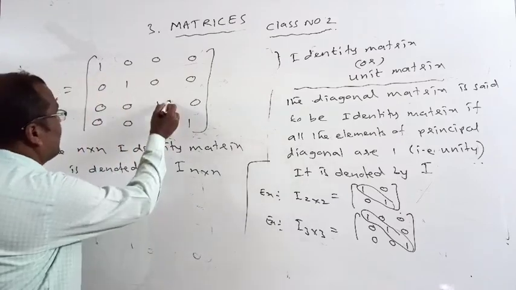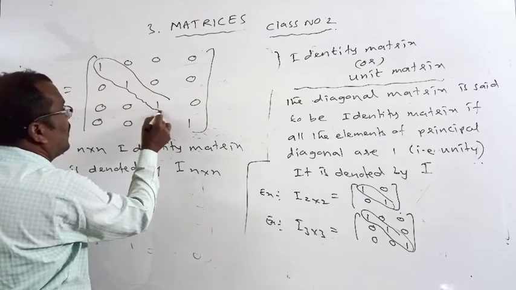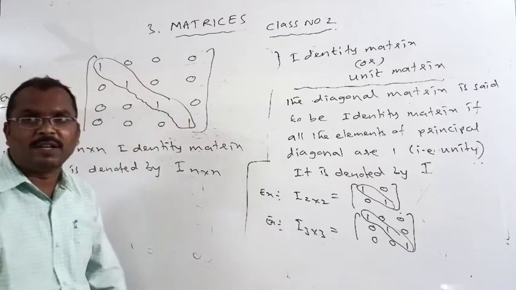So this is the principal diagonal. All the elements of the principal diagonal should be ones.